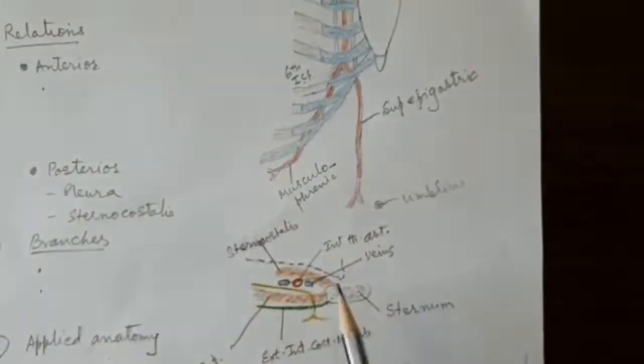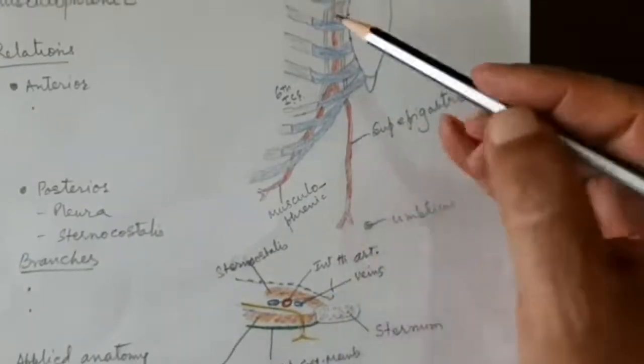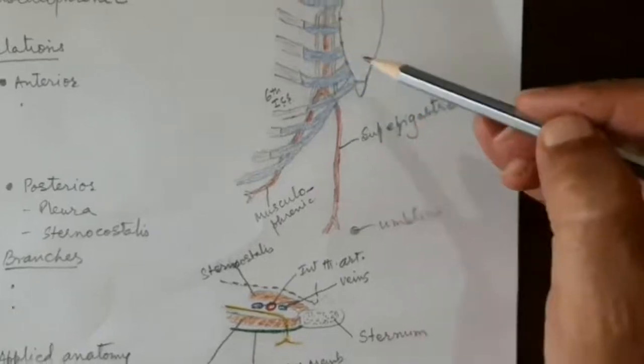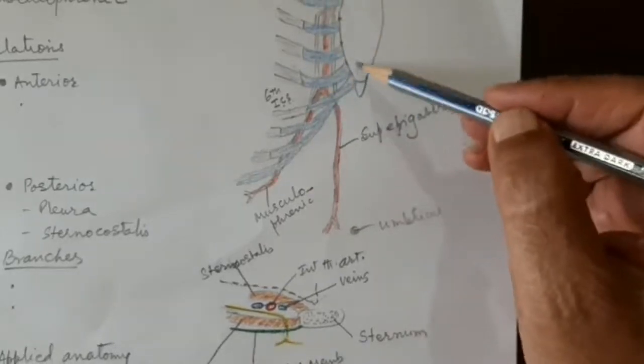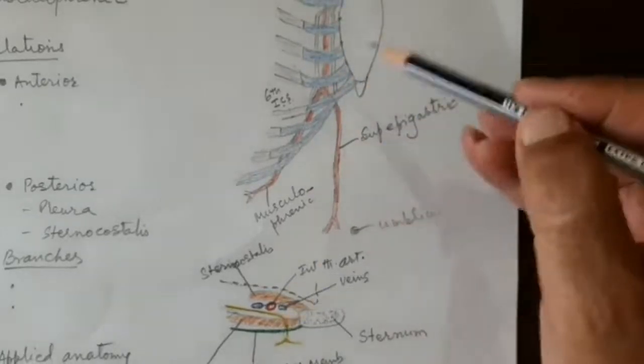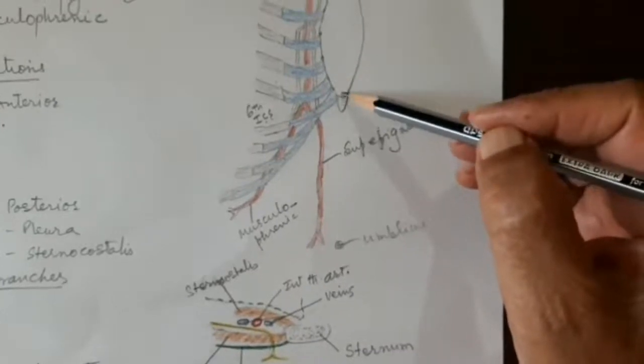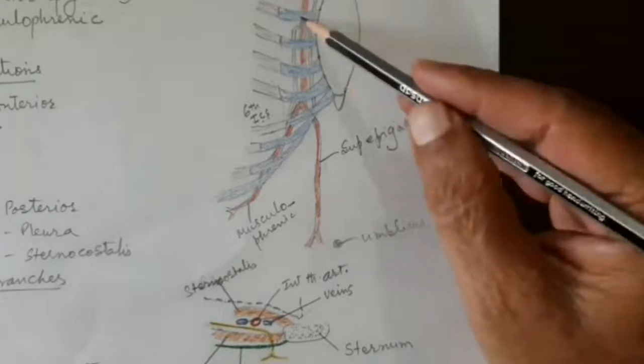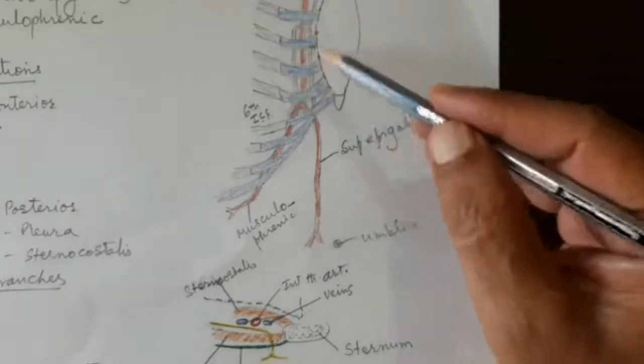This is not subcostalis, it is sternocostalis. This muscle extends from the third intercostal space right up to the sixth intercostal space, and it takes origin from the posterior aspect of the sternum and xiphoid process, and runs upward towards the costal cartilages, where it gets its attachment.